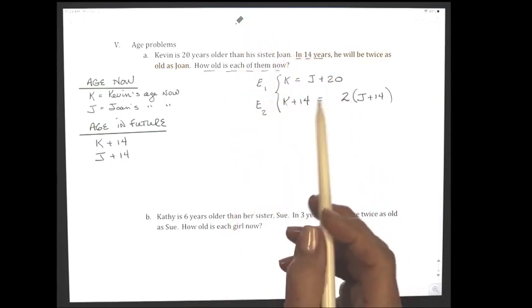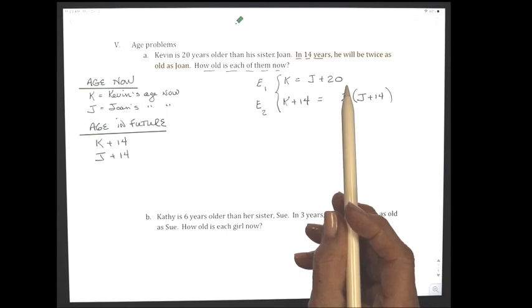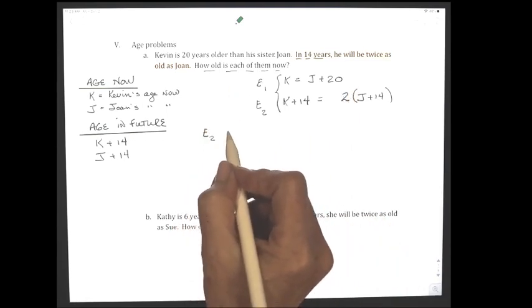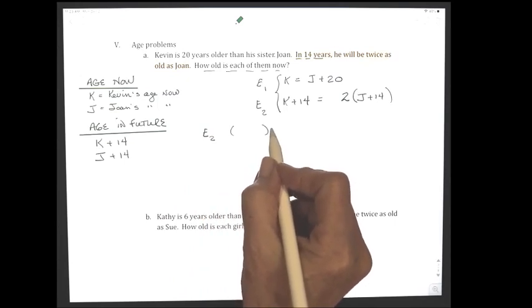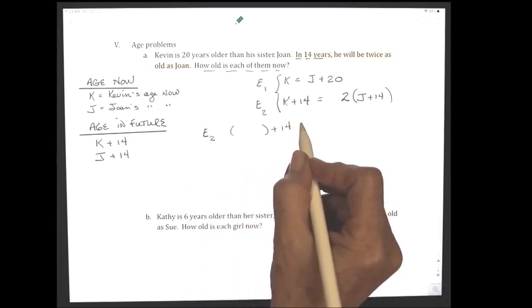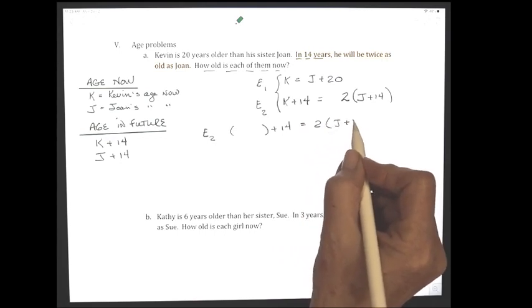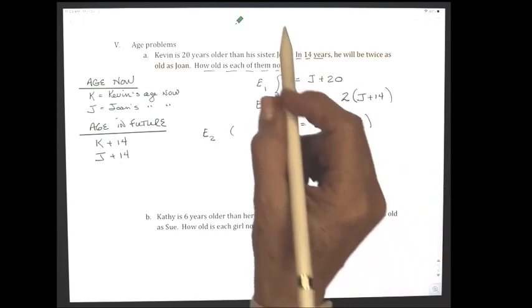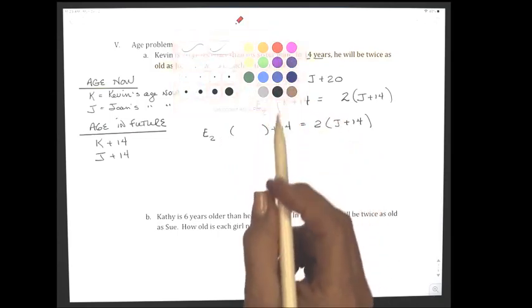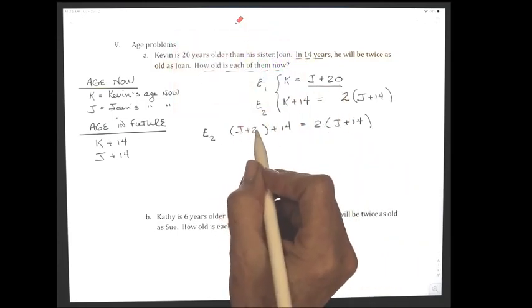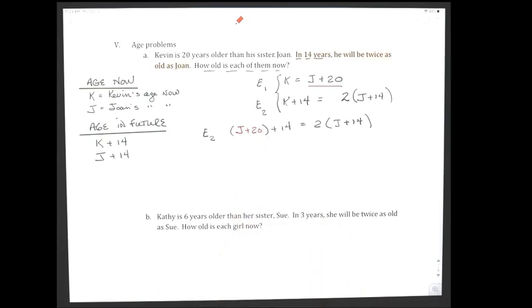The first equation is already solved explicitly for K. So I'm going to take that information and go into equation number 2 and remove the letter K and replace it with its equivalent, which is J plus 20.